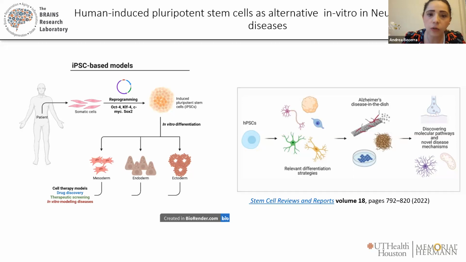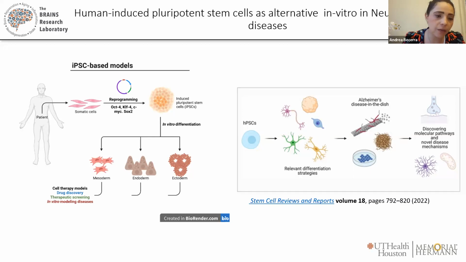These cells are able to differentiate into mostly all kinds of cells of the human body, or they are able to produce cells from the three germ layers, the embryonic layers: mesoderm, endoderm, and ectoderm.